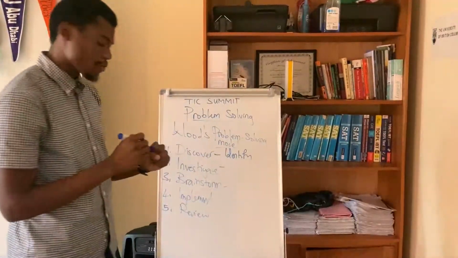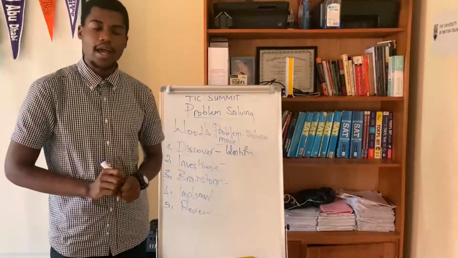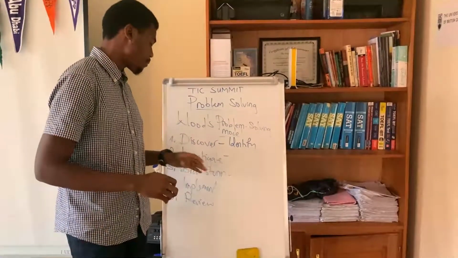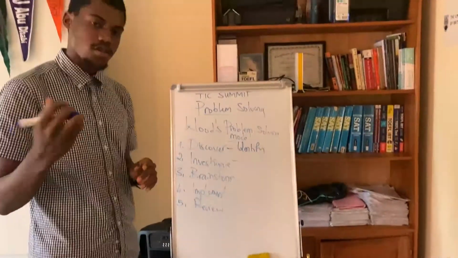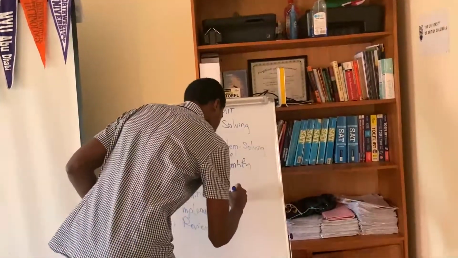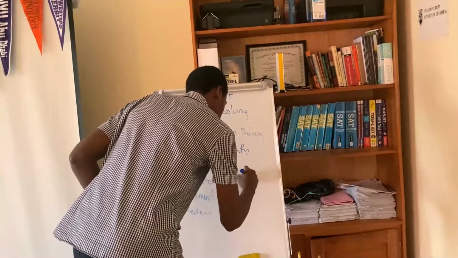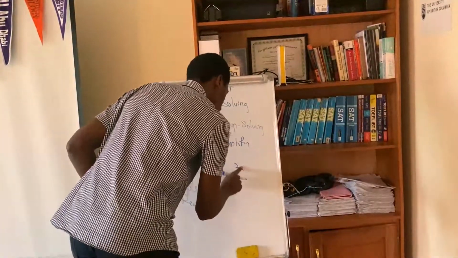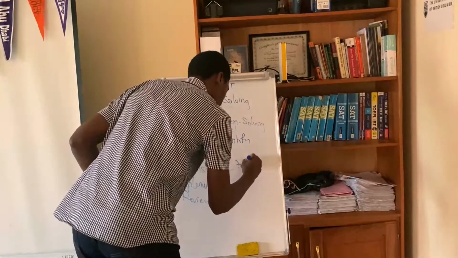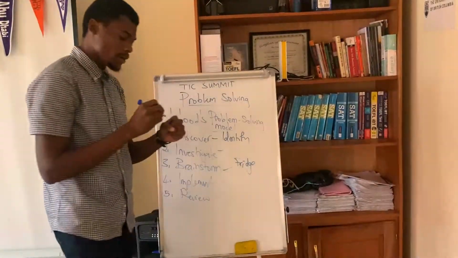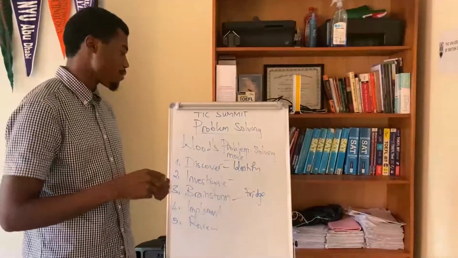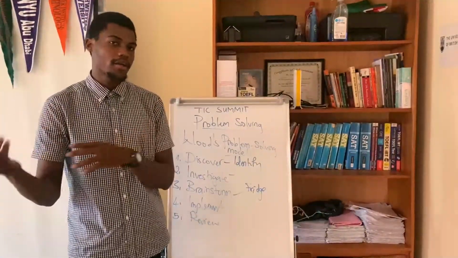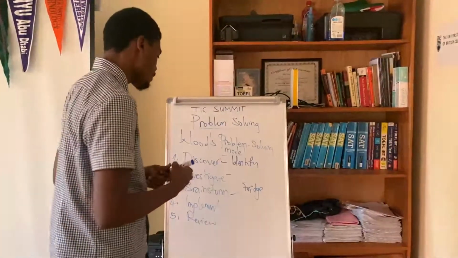At brainstorm, I now think about all the alternatives I have in order to store my goods, let's say tomatoes. I can keep my tomatoes in a fridge. That means I have to buy fridges to put my tomatoes in, or maybe I can build a cool chamber where I'm going to keep my products.